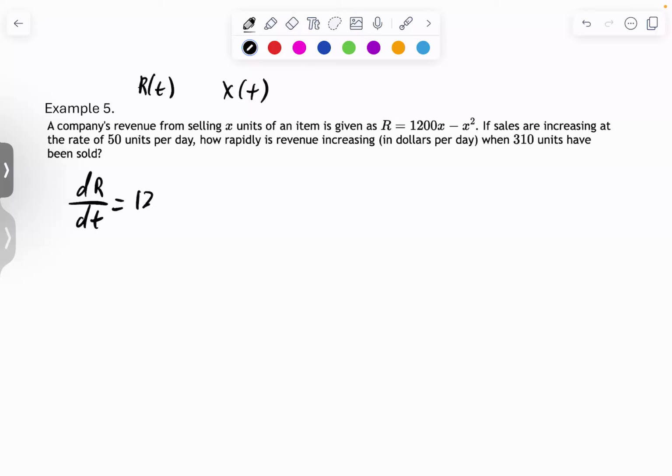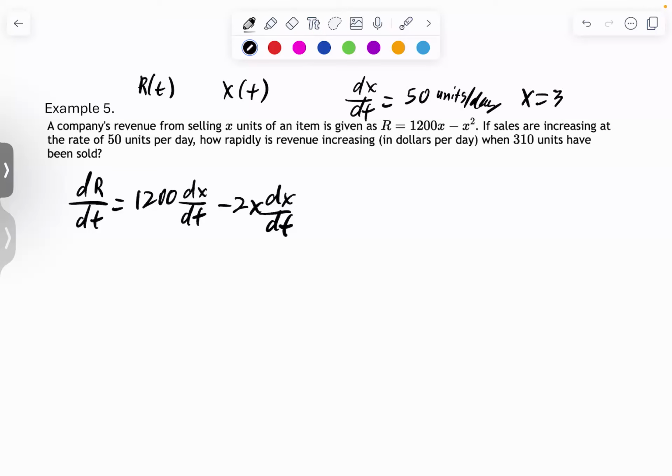and that's going to give me 1200 dx dt minus 2x dx dt. And they have given us sales are increasing, so they're giving us dx dt is a positive 50 units per day, 50. And we're looking for dR dt. So we have all of our information.